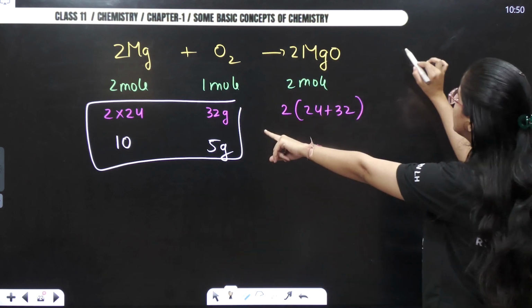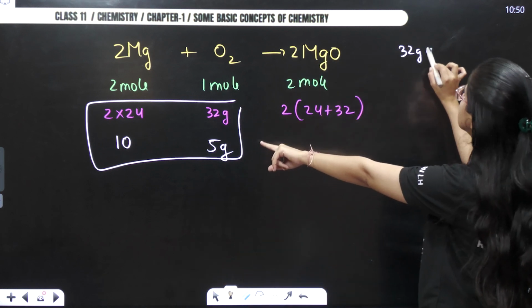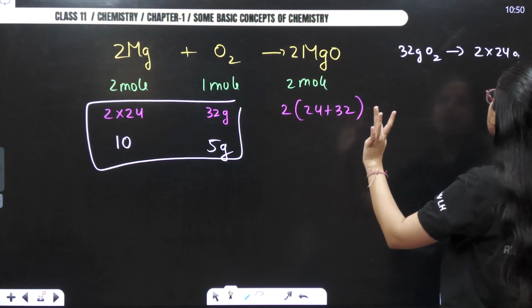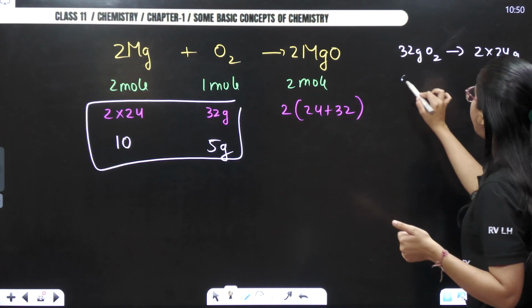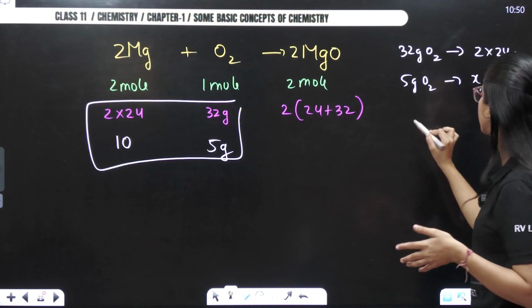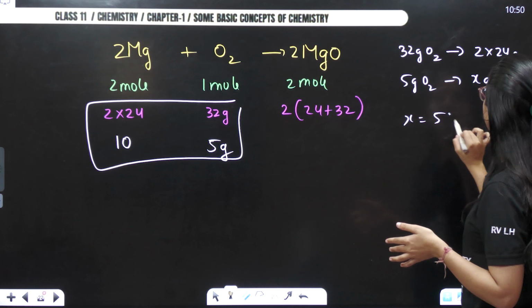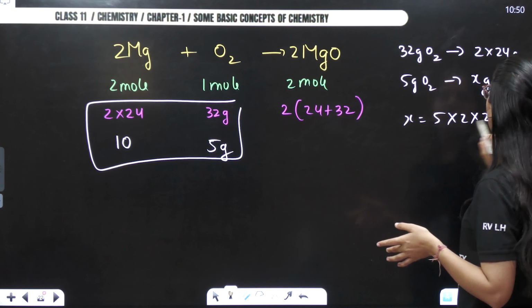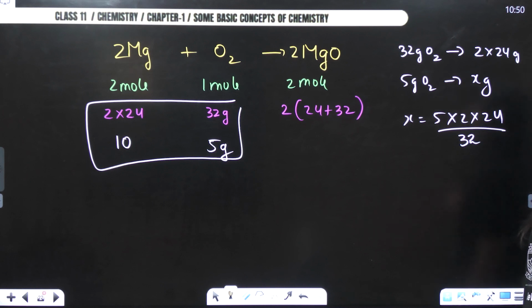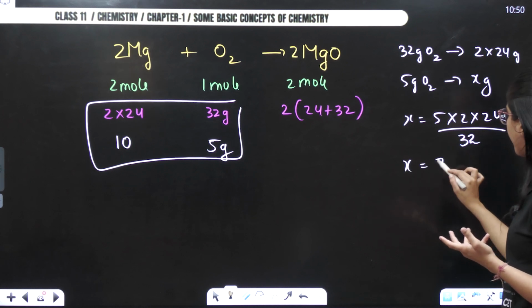Let's see, 32 grams of oxygen requires how many grams of magnesium? 2 into 24 grams of magnesium. Now 5 grams of oxygen will require how many grams of magnesium, dear students? So X will be nothing but 5 into 2 into 24 divided by 32. Correct? So how much will it come around? It will come around 7.5 grams.